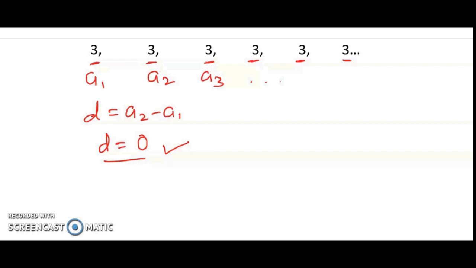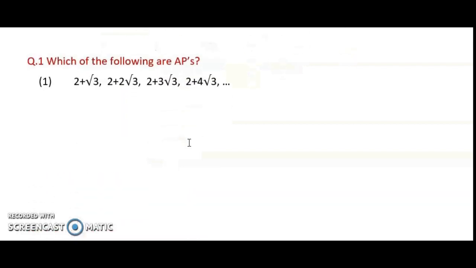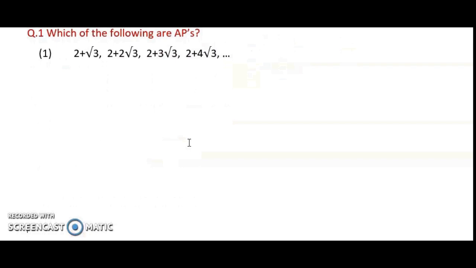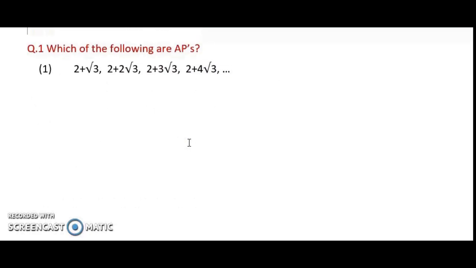Now let's see question number 1. Here one series is given and we have to check whether this given series is an arithmetic progression or not. We know that if the given series is in arithmetic progression, then the difference between successive numbers will be the same.